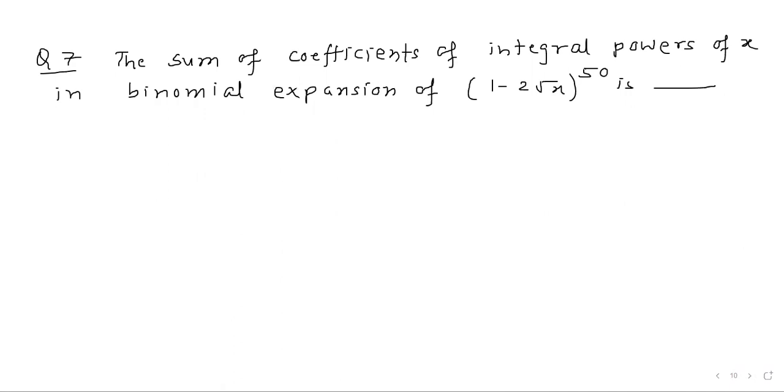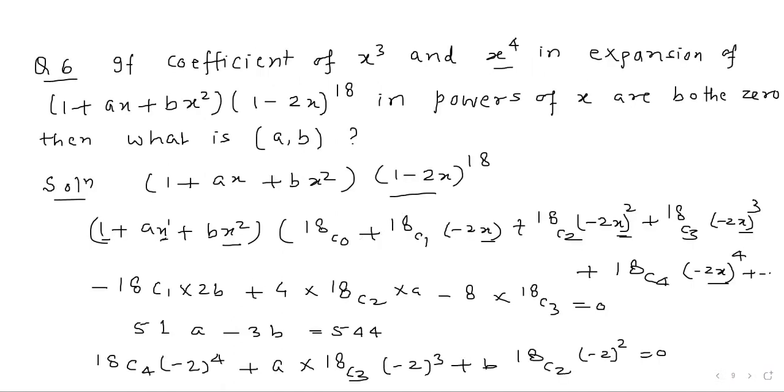Now we simplify it. On simplification, we will get another equation as 32a minus 3b equal to 240. We can solve these two equations to get a equal to 16 and b will be 272 divided by 3.